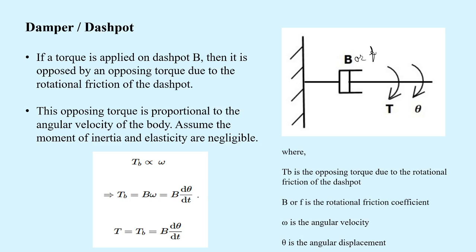Therefore, T equal to B into d theta by dt or f into d theta by dt, where B or f is the rotational frictional coefficient, omega is the angular velocity, theta is the angular displacement. These are the formulas for these ideal elements of mechanical system, that means translational or rotational. Now we derive the differential equations for this.